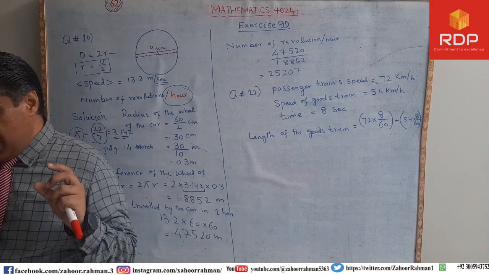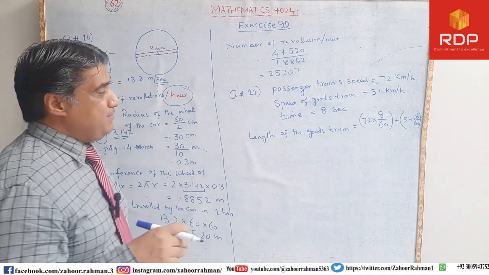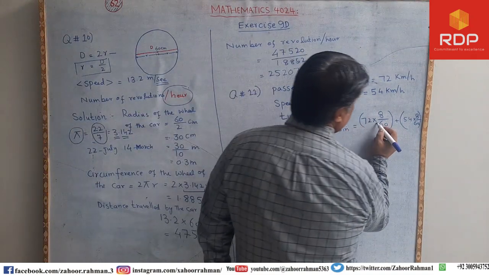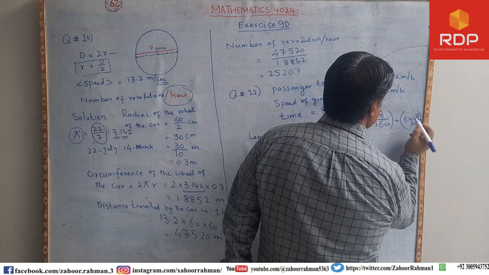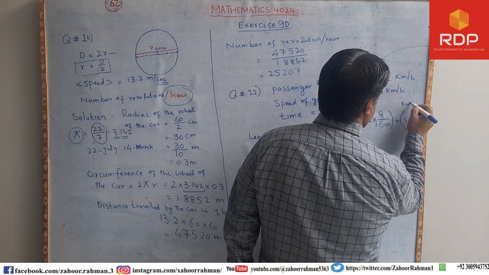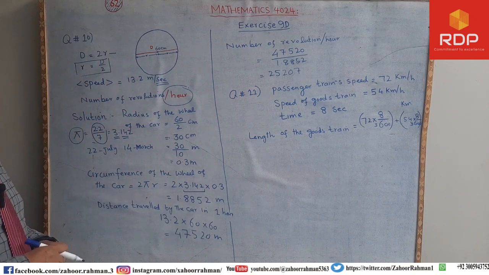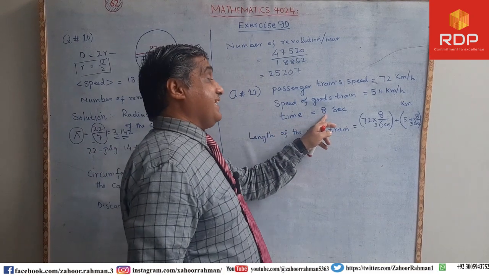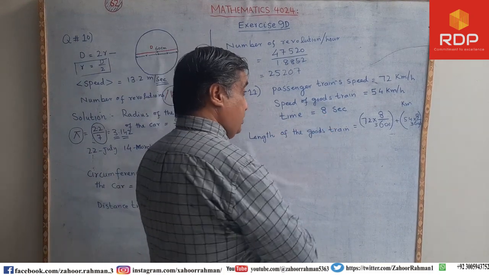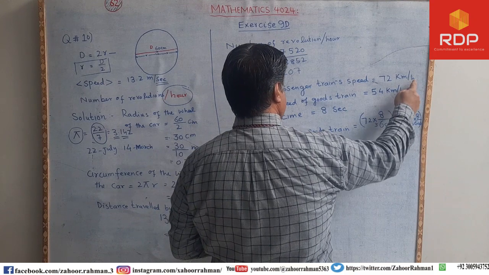We have to say 3,600, not 60, and we have to write it in kilometer. So we are utilizing here 8 seconds. We have to convert it to hours.